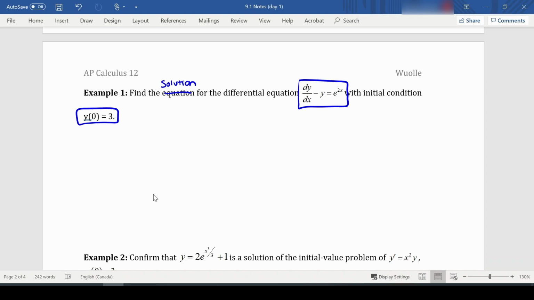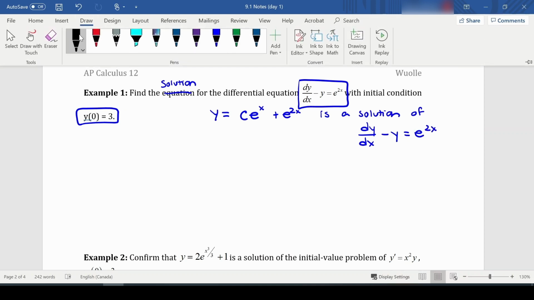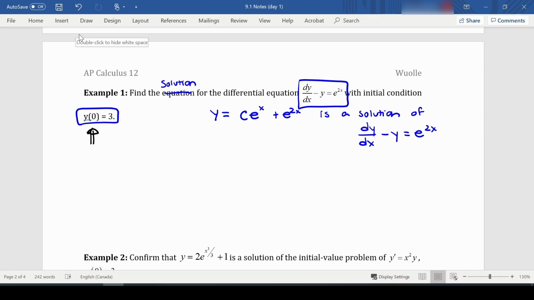In the previous page we were told that any y equals c e to the x plus e to the 2x is a solution of the differential equation dy/dx minus y equals e to the 2x. So we're just being given some additional information in terms of this initial condition. Basically you're being given an x value and a y value.